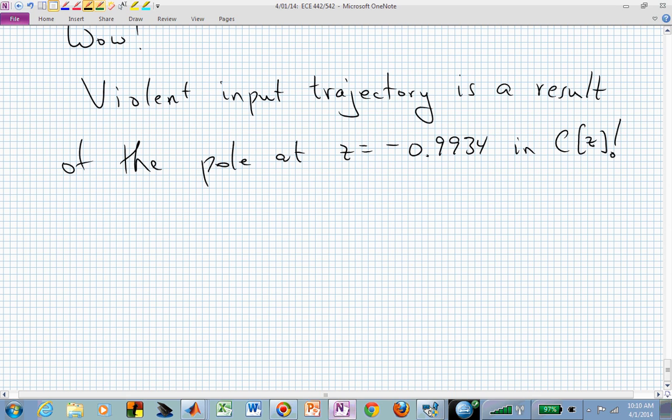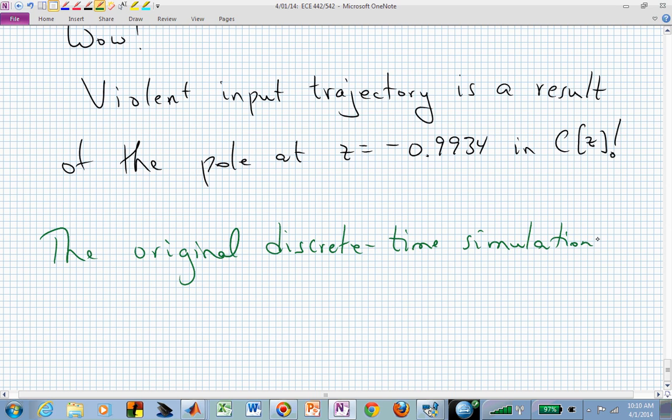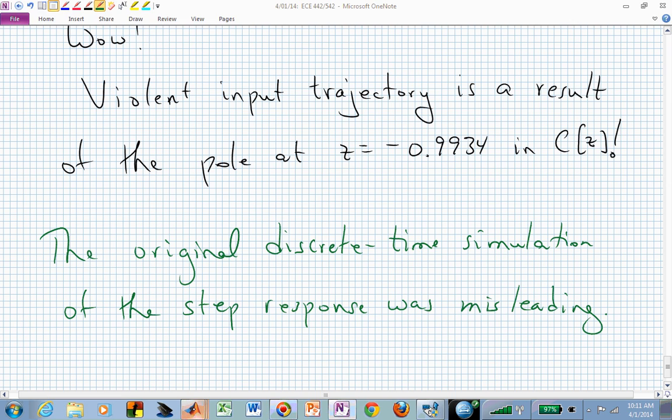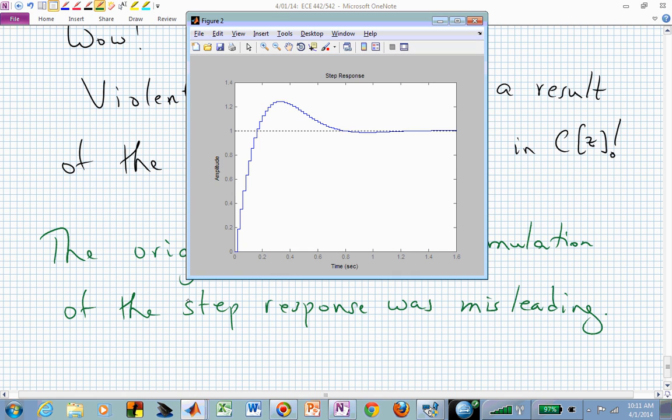So the original discrete time simulation of the step response was actually a little bit misleading. By that, I'm meaning that particular response.